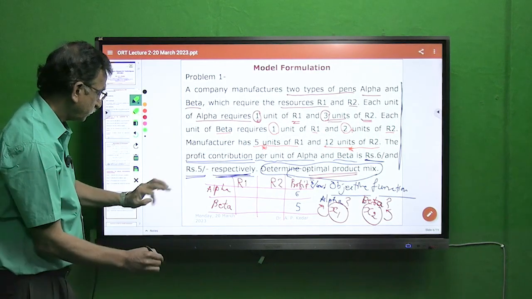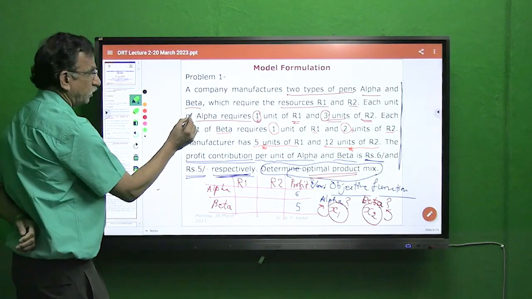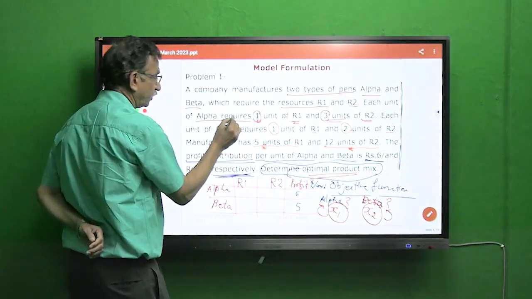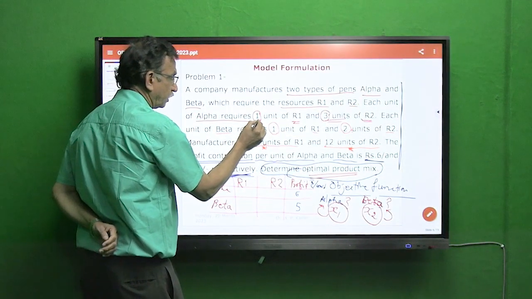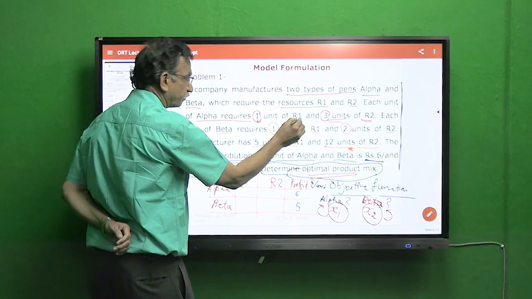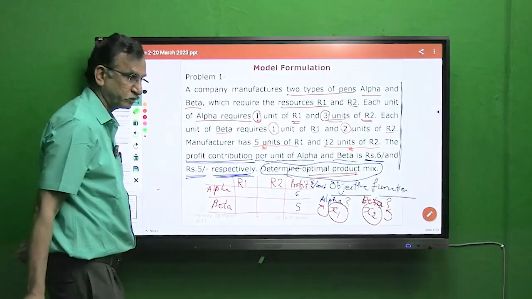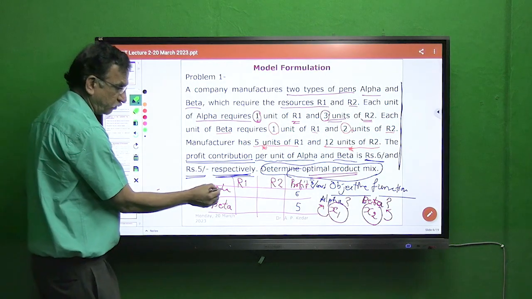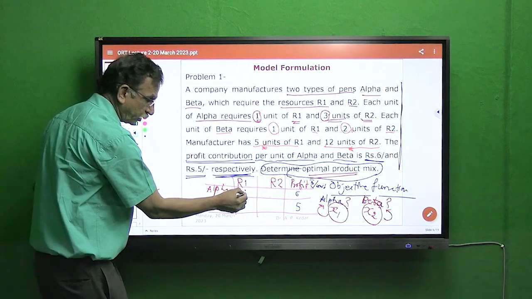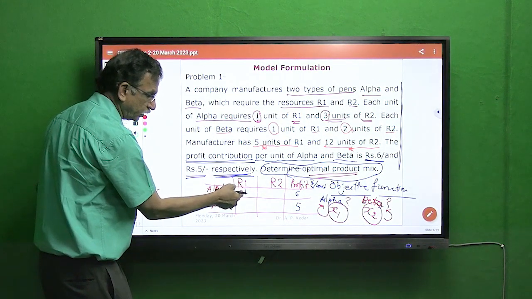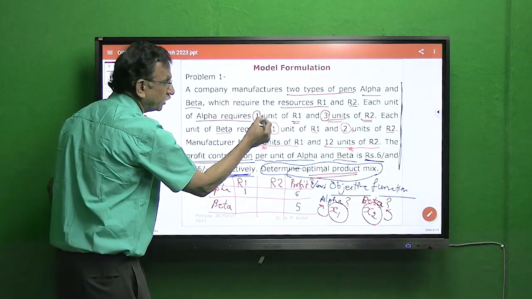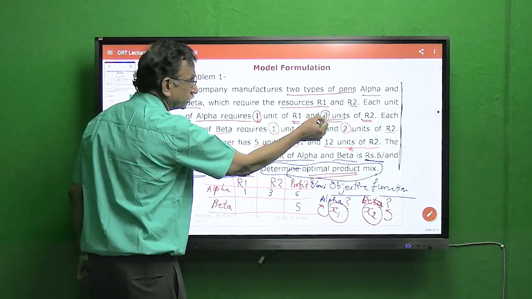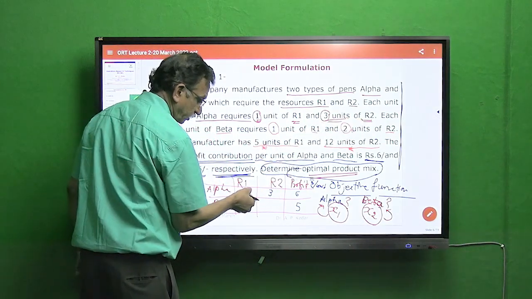Now here, important: each unit of alpha requires 1 unit of R1 and 3 units of R2. Alpha pen requires 1 unit of R1 and 3 units of R2.